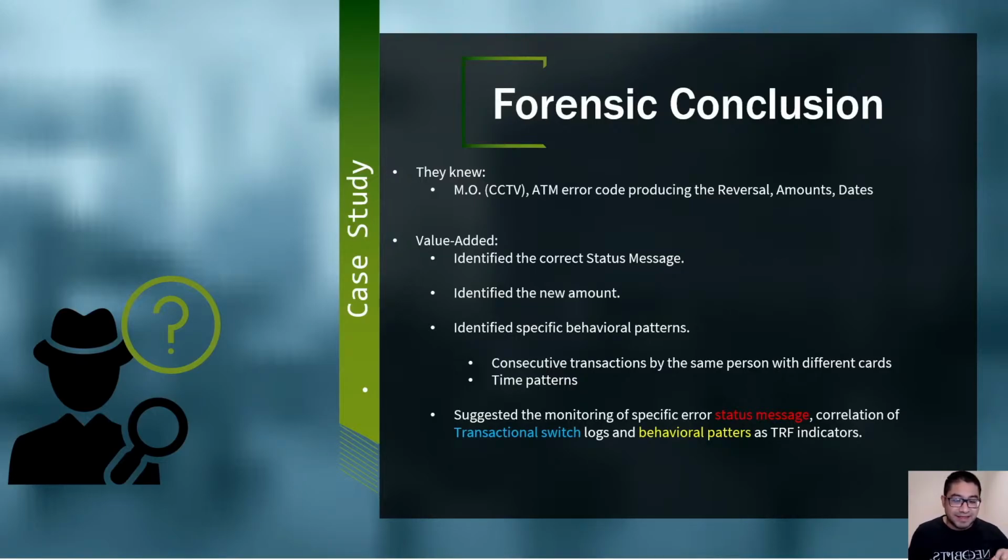Because of the timestamps, I saw that it took just about 5 seconds between transactions. I have seen that the normal time between transactions could be 1 minute, 2 minutes, 5 minutes, 10 minutes, 1 hour, but 5 seconds between each transaction is just the time it takes to take the card out and insert another one. So I could see just from the journal analysis that it was the same person.